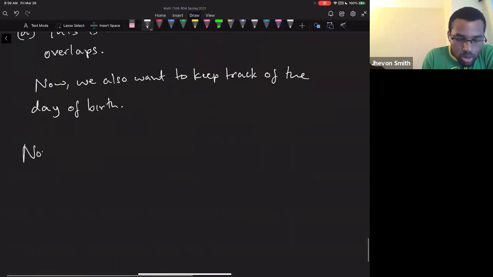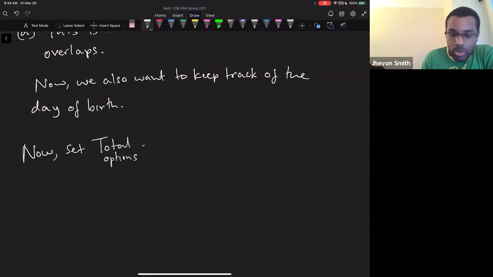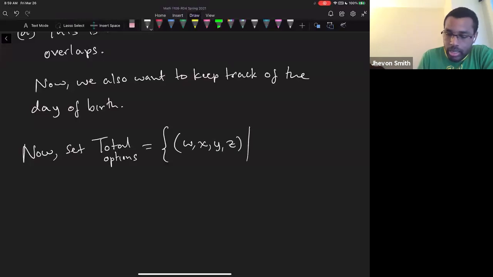So now we can set the total options, which again is called a sample space, which we'll call the set S, but I didn't introduce this notation yet, so I'm kind of writing things out like I don't know what I'm talking about. It would be something like W, X, Y, Z, such that W equals boy or girl, and we can think of that as the older.